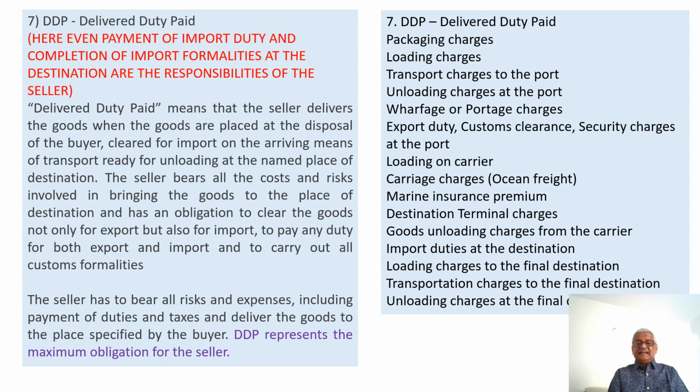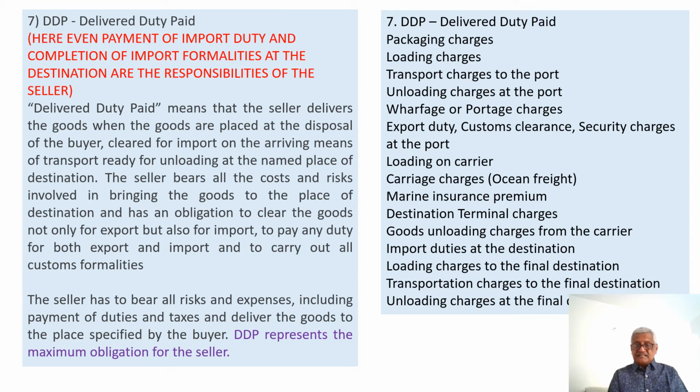The last one is DDP, delivered duty paid. Here, even payment of import duty and completion of import formalities at the destination are the responsibilities of the exporter. Delivered duty paid means that the seller delivers the goods when the goods are placed at the disposal of the buyer, cleared for import on the arriving means of transport, ready for unloading at the named place of destination.